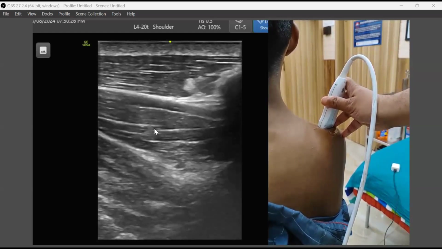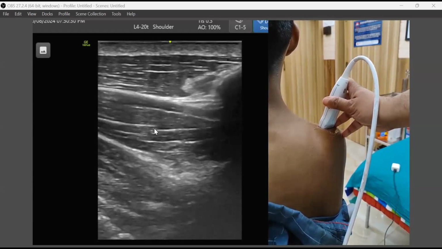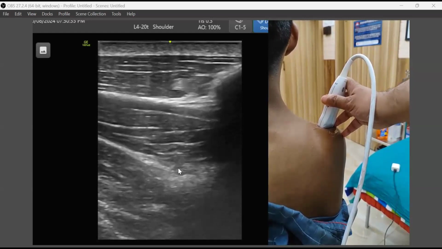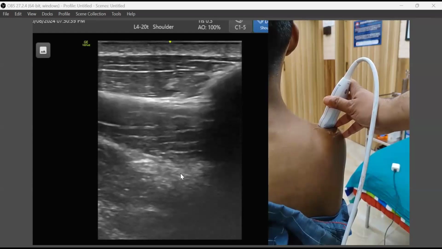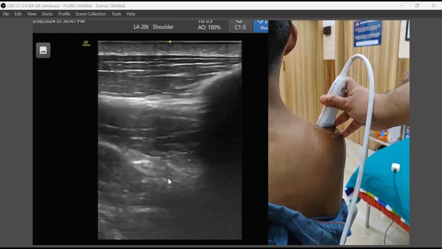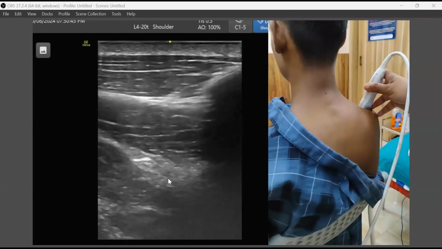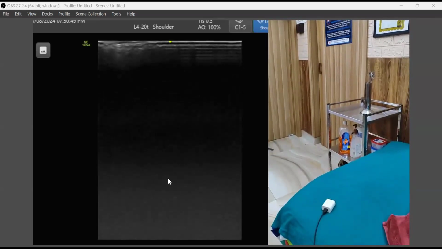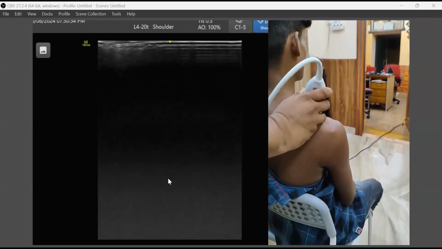Okay, yes, I think I have to use the arrow, then it will be easy. See at this portion, try to see the movement of an artery. Just one second. I'm in a very odd place to show.